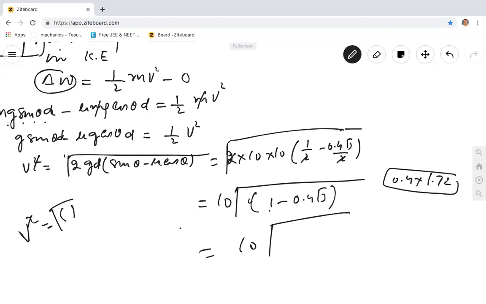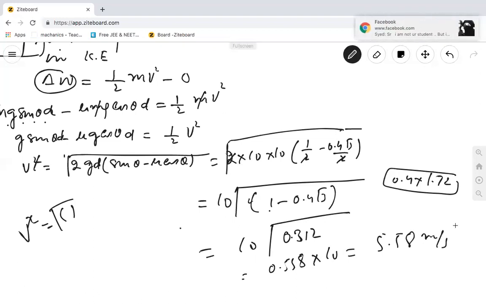It will be less than 1, I am very sure. 0.312. 1 minus 0.4 root 3, then the square root. 0.558. 0.558 into 10 is 5.58 meters per second.